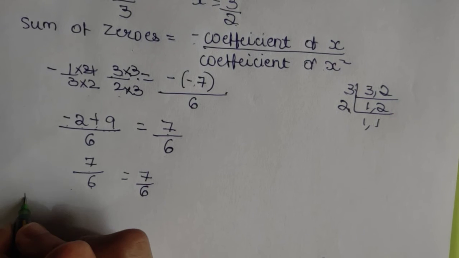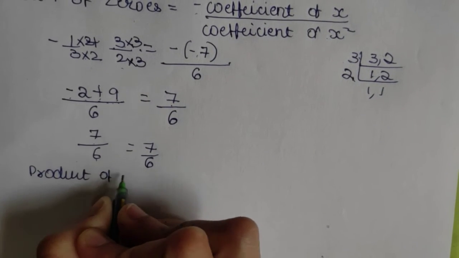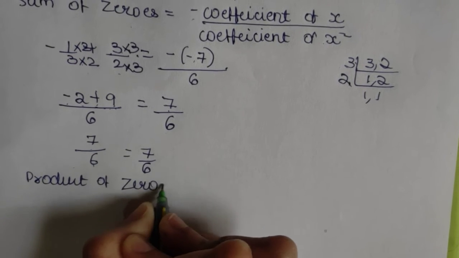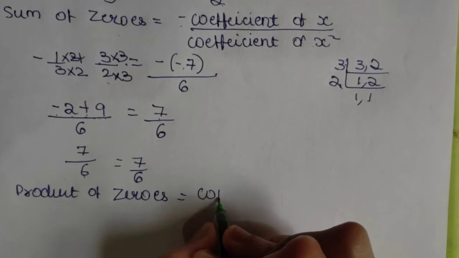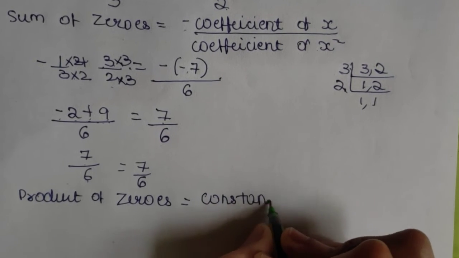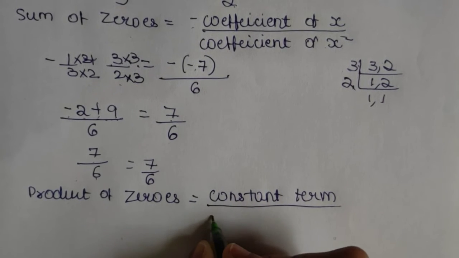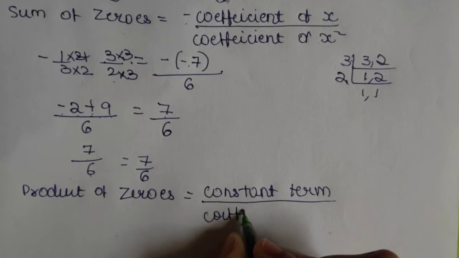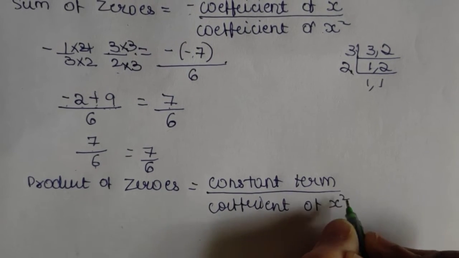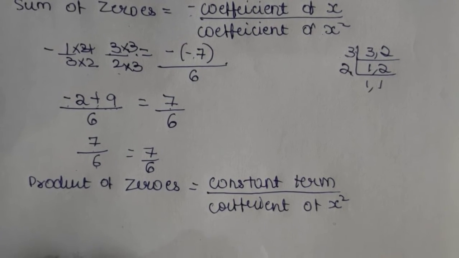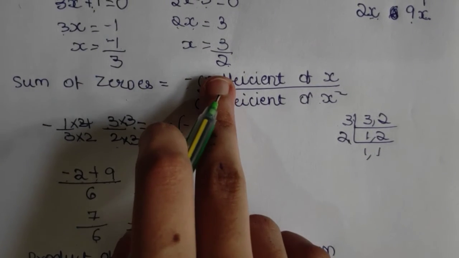So next, product of zeros. The formula to find product of zeros is constant term by coefficient of x square. Okay, so here the zeros are minus 1 by 3 and 3 by 2.